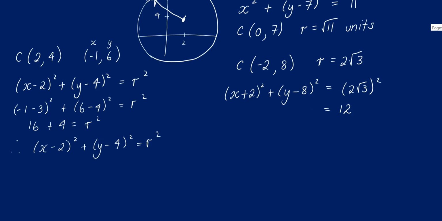The next bit is if you are given the equation of the circle in expanded form. So consider something like this: x squared plus 6x plus y squared minus 2y equals 7.